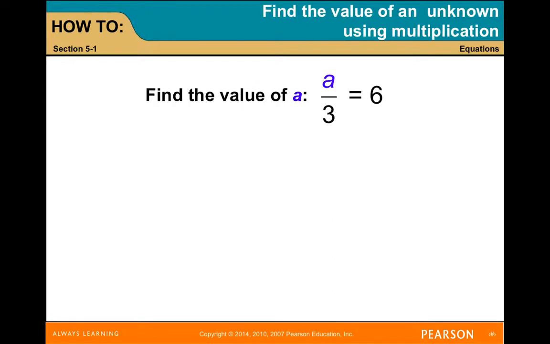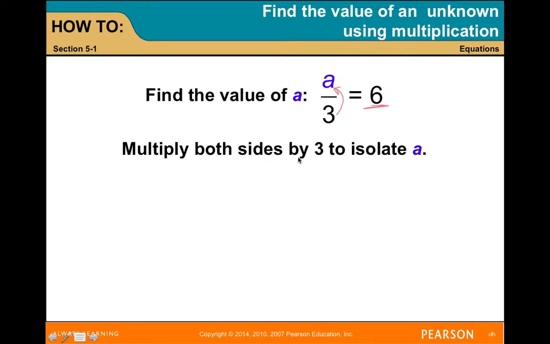So find the value of a in this problem right here. a over 3 equals 6. So now you know that 3 goes into a certain number 6 times. And to solve for a, multiply both sides by 3 to isolate the a.